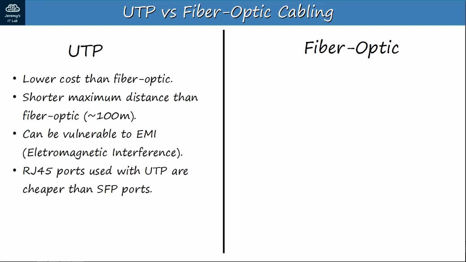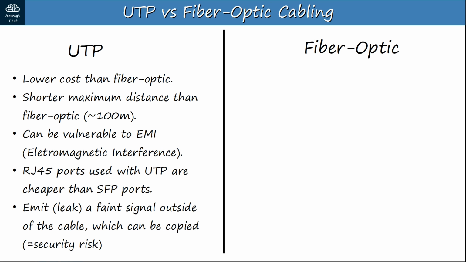The RJ45 ports to which UTP cables connect are cheaper than the SFPs used for fiber optic connections. Also, UTP cables emit or leak a faint signal outside of the cable, which could possibly be detected and used to copy data, posing a possible security risk.